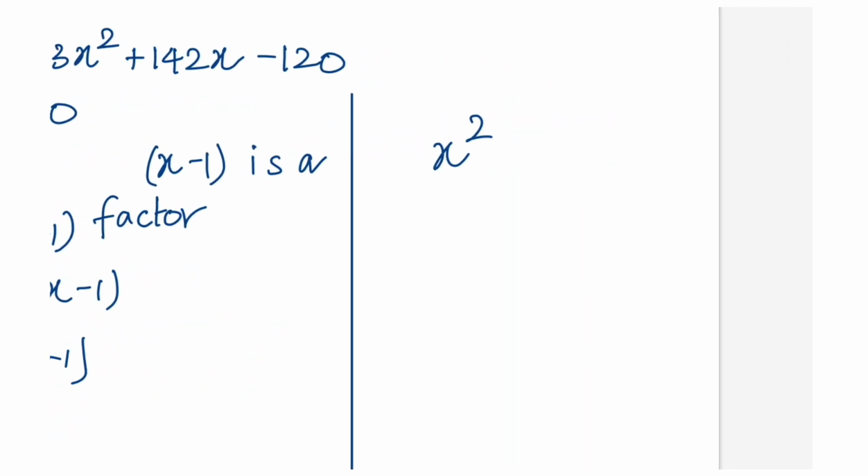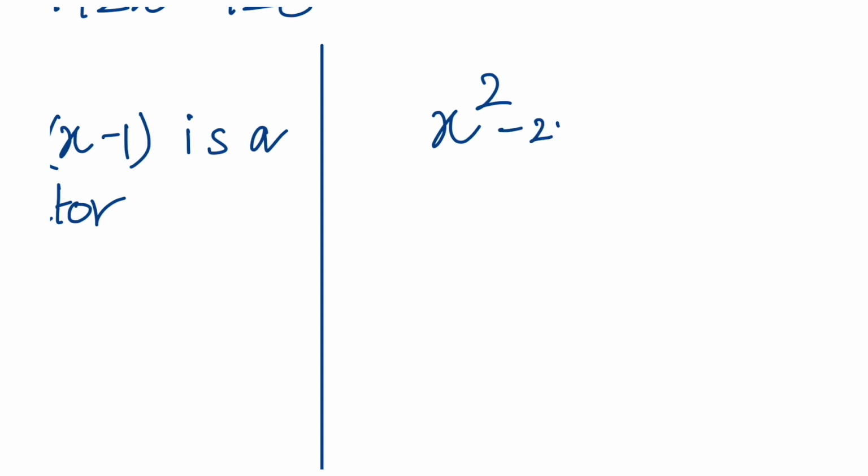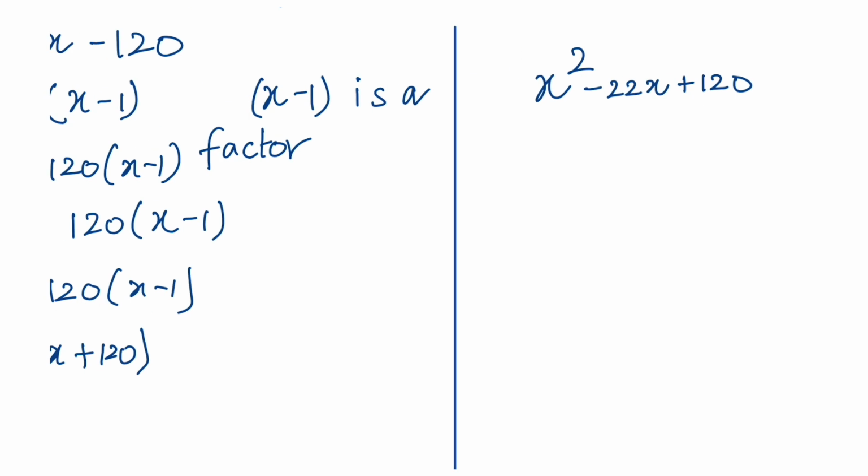Okay, x squared minus 22x plus 120, right? Now this you can solve using the splitting the middle term method. So the product should be 120 and the sum should be 22. Since the product should be 120, the obvious and simple way that you can think of is 10 into 12, that gives you 120, right?